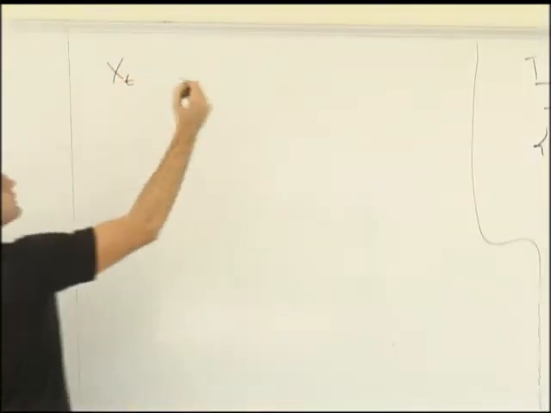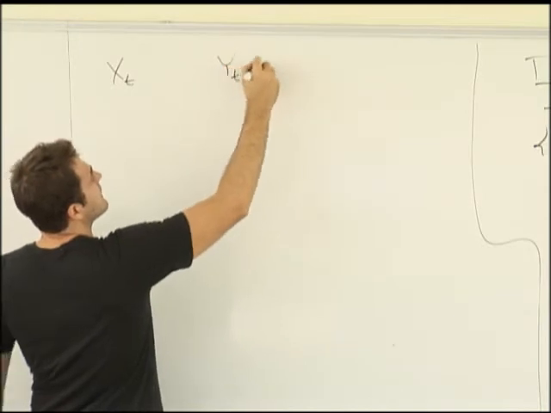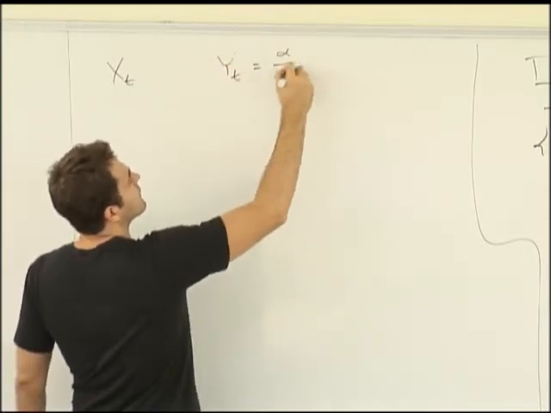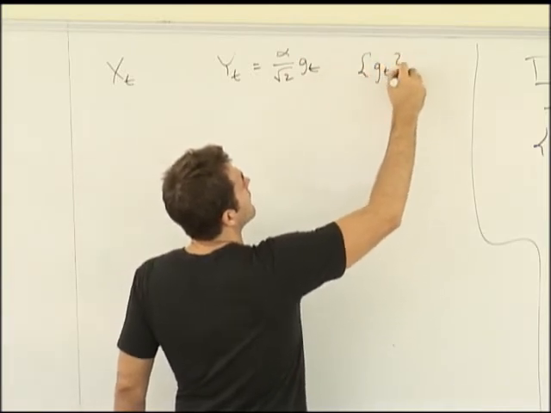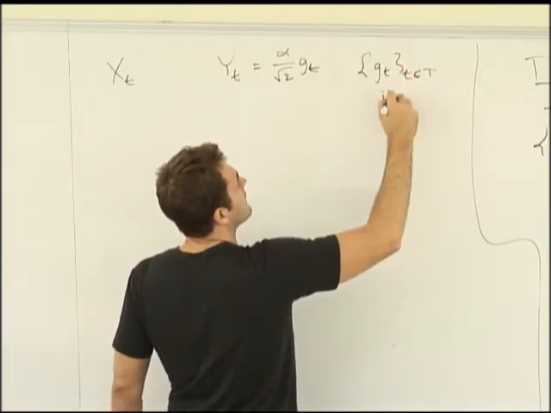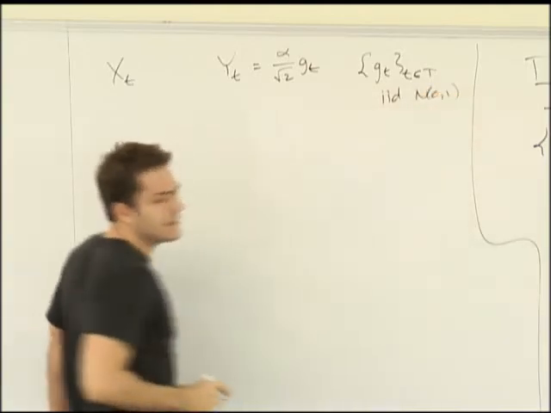So I have X_t, what should Y_t be? Y_t will just be alpha over square root 2 times g sub t, where this is a family of IID normal 0, 1, just IID standard Gaussians.